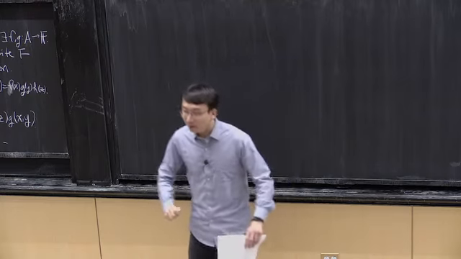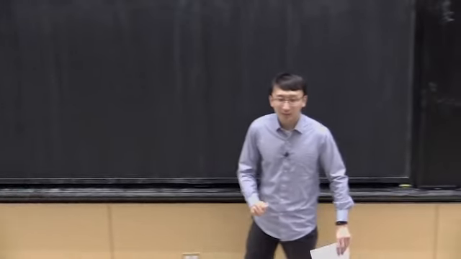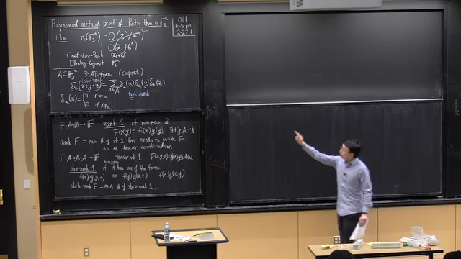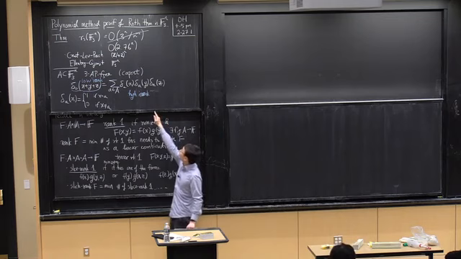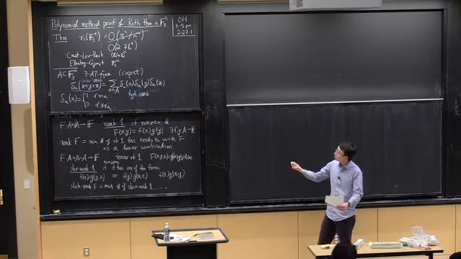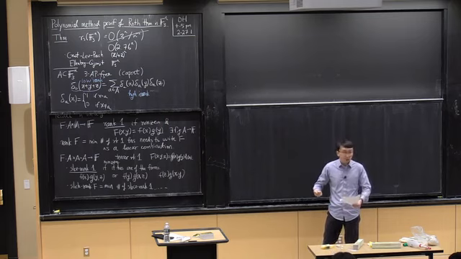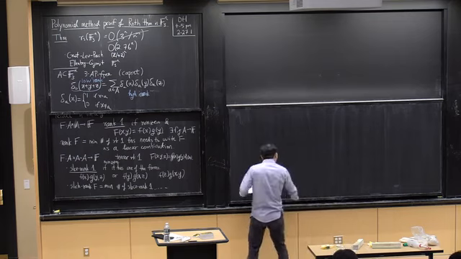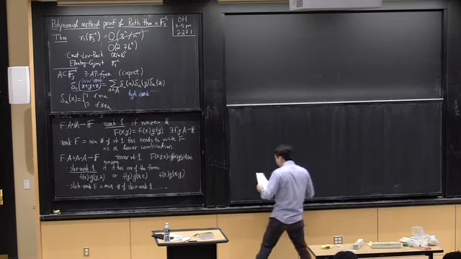Okay, any questions so far? All right, so let's look at the function on the right. Think of it as a matrix, a tensor. What is it? Well, it's kind of like a diagonal matrix. So what is the rank of a diagonal matrix?